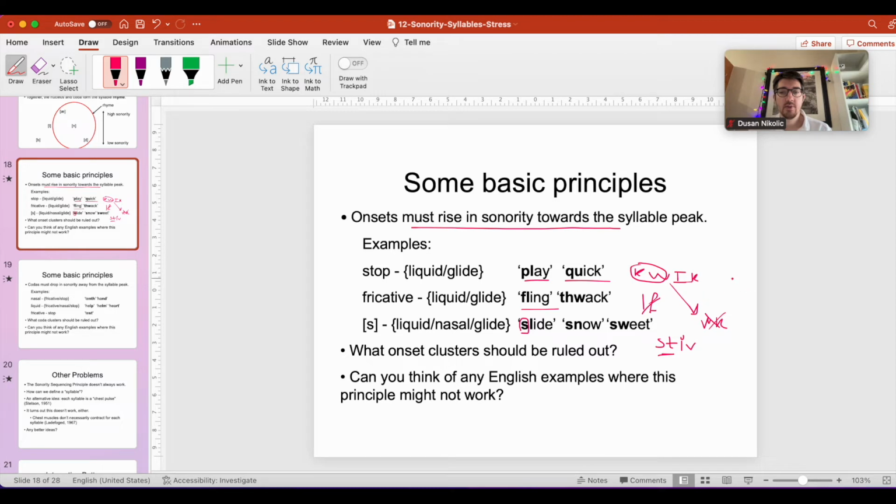Thwack as well, pay, those are excluded. We cannot have those clusters because they do not follow the sonority sequencing principle, right? Can you think of any English examples where this principle might not work? We just said that S is a special case. I'll just say that about it.